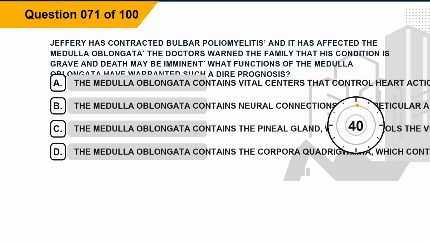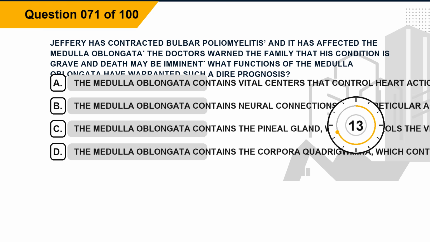Question 71. Jeffrey has contracted bulbar poliomyelitis, and it has affected the medulla oblongata. The doctors warn the family that his condition is grave and death may be imminent. What functions of the medulla oblongata have warranted such a dire prognosis? Option A. The medulla oblongata contains vital centers that control heart action, blood vessel diameter, and respiration. Option B. The medulla oblongata contains neural connections of the reticular activating system.